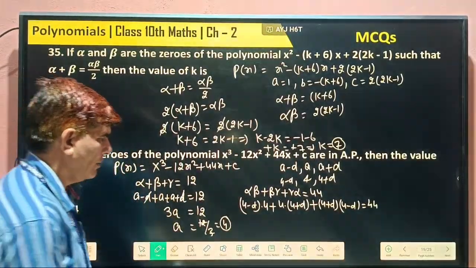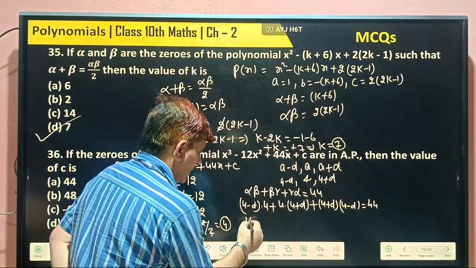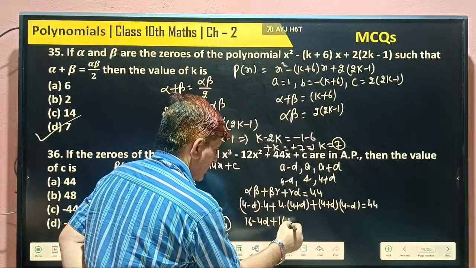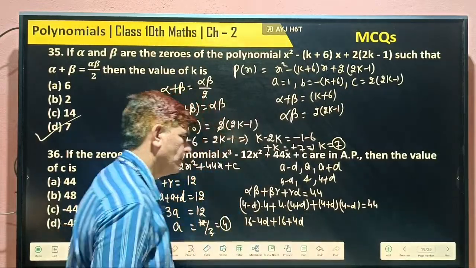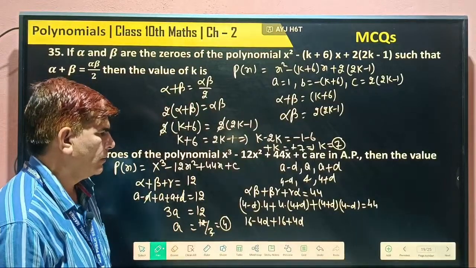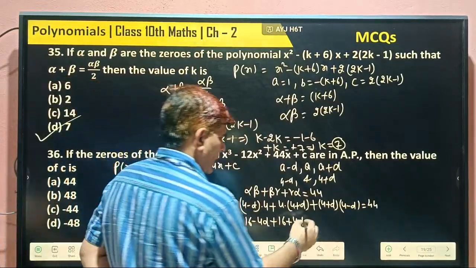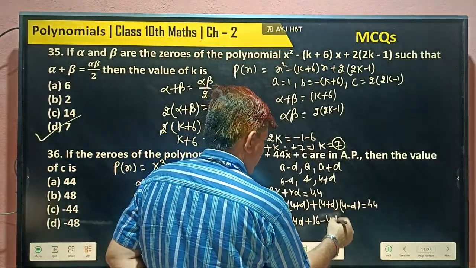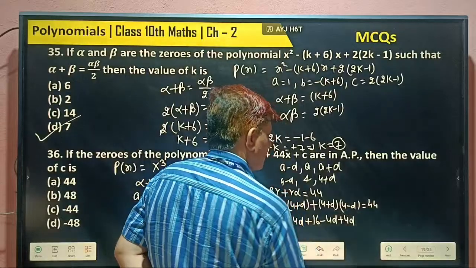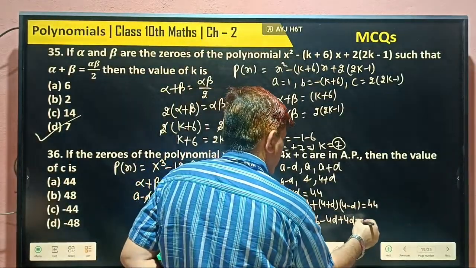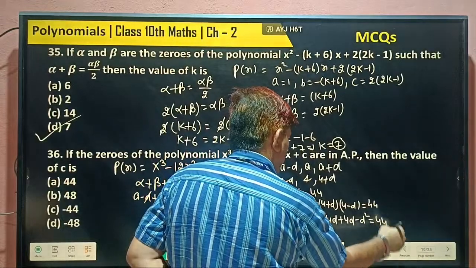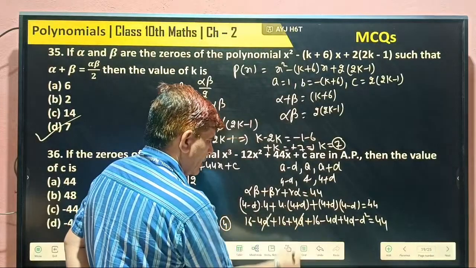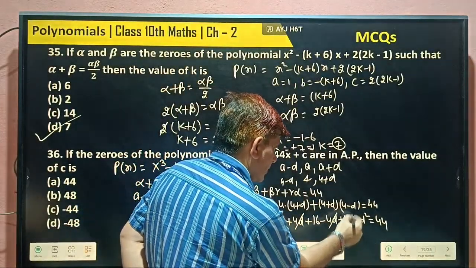So look one time. 4 4s are 16 minus 4d, plus 4 4s are 16 plus 4d, plus 4 4s are 16, minus 4d plus 4d, minus d square is equal to 44. Getting or not? This cancels this, this cancels this.